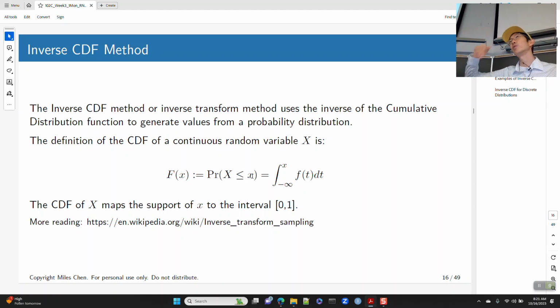So if we talk about the normal distribution, the CDF at x equals 0 is 0.5, because half of the values are less than 0. So what is the probability that a random variable from the standard normal is less than 0? That's equal to 0.5.